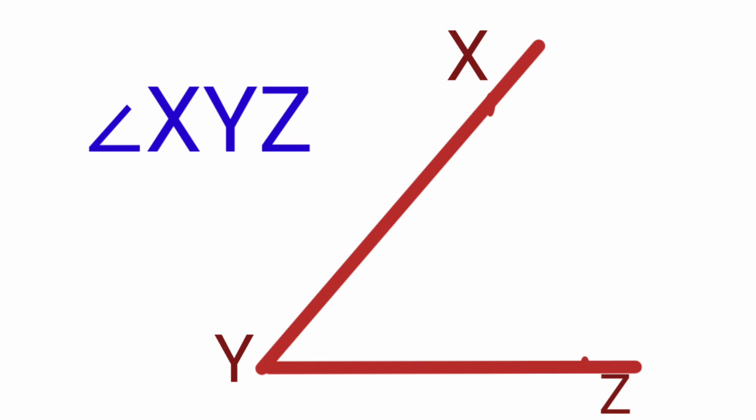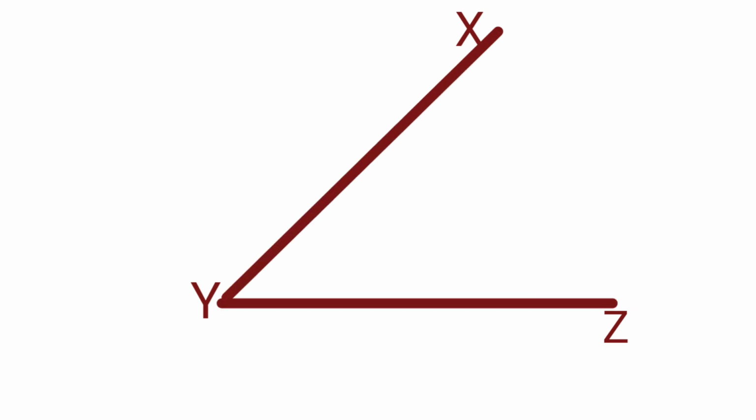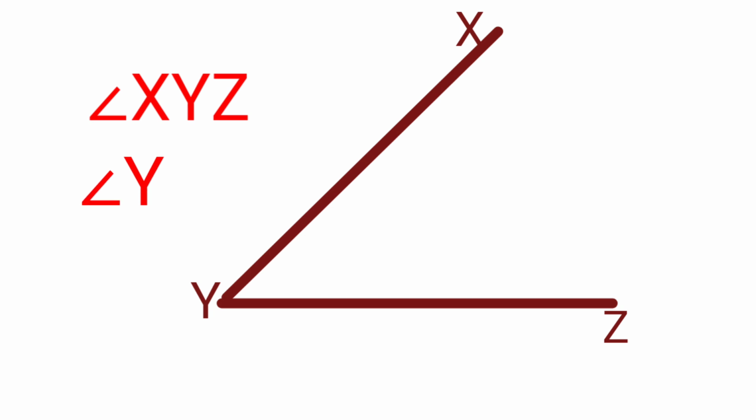Now let's see how we can name an angle. For that, let's consider this angle. How can you read this angle? This angle can be named as angle XYZ. Or you can also name this angle simply as angle Y. And also you can name this angle as angle 1, if there are many angles in a diagram.